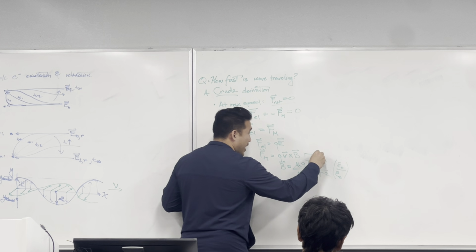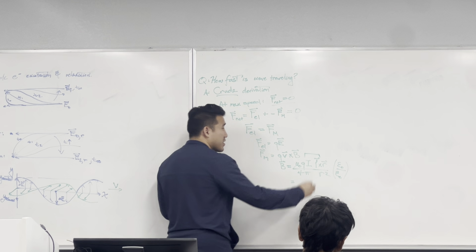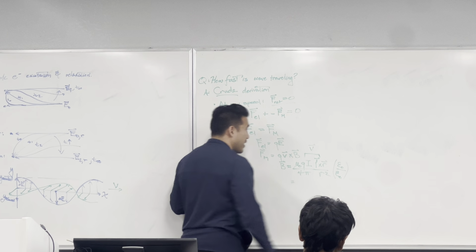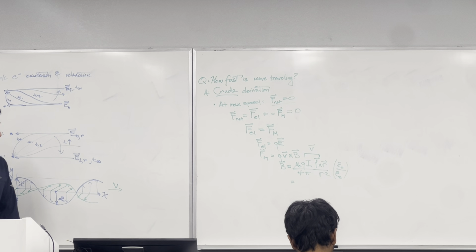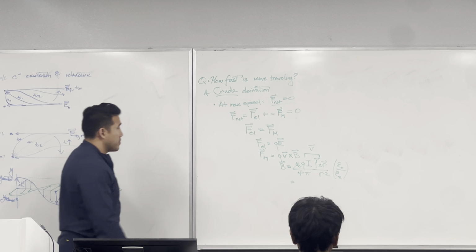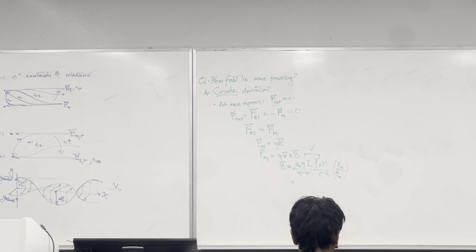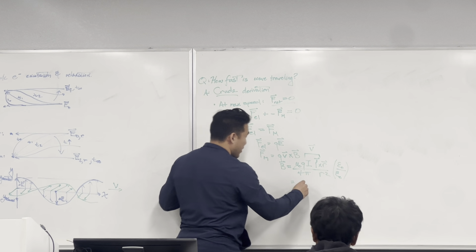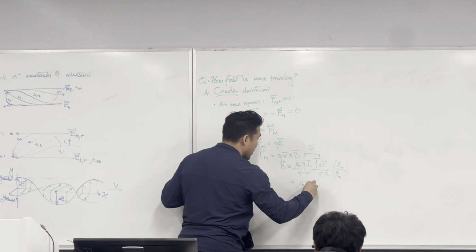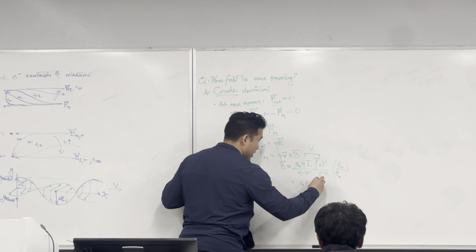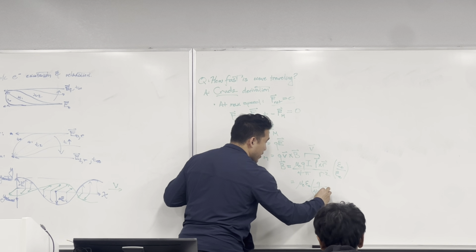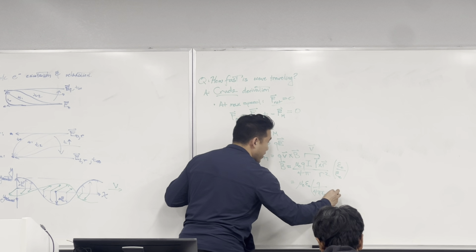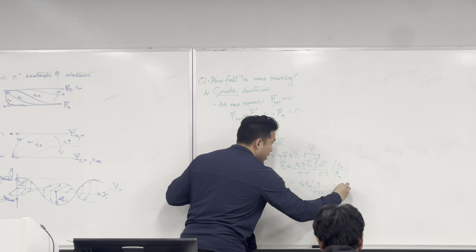This I times L is also V. So what we get is mu naught times epsilon naught times Q over 4 pi epsilon naught R squared times V cross R.